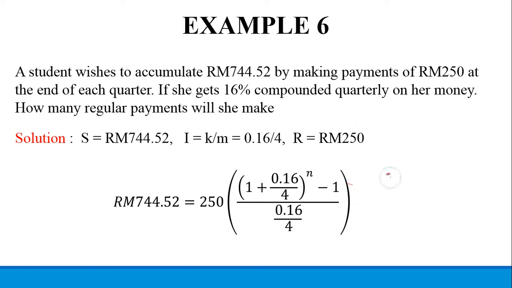Try to do a timeline first because you want to know what actually happened. She wants at the end to get 744.52, and by making payments of 250 at the end of each quarter means m equals 4, so she will pay that 250 until she gets 744.52.